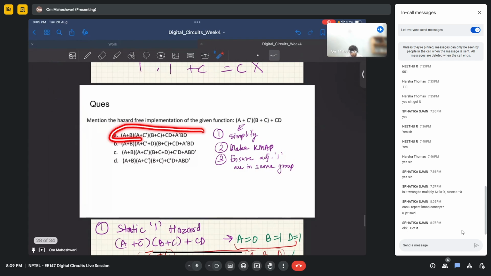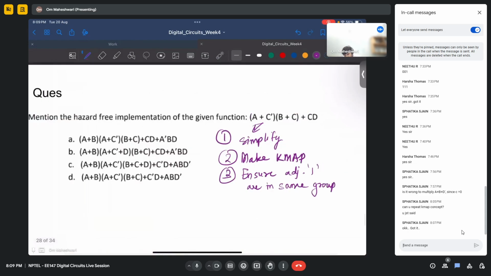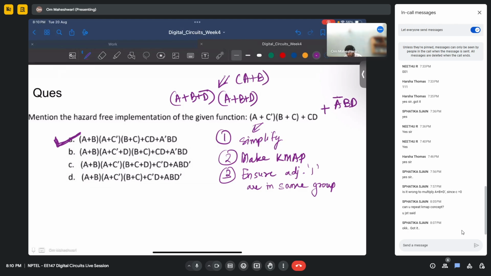So this could be the answer, because what we did was plus A bar BD and we multiplied A plus B plus D and A plus B plus D bar. These two can be reduced to simply A plus B. So this could be the answer, but verify it with the K-map. This is, I think, the ultimate thing that will solve.